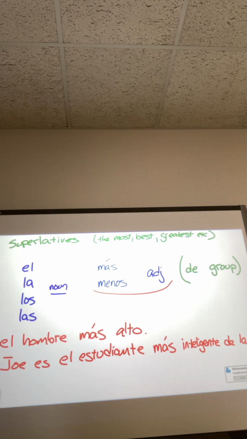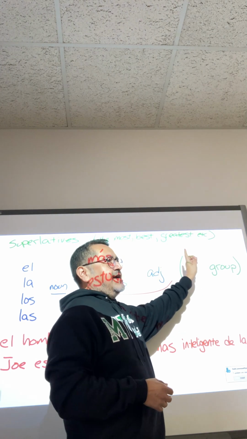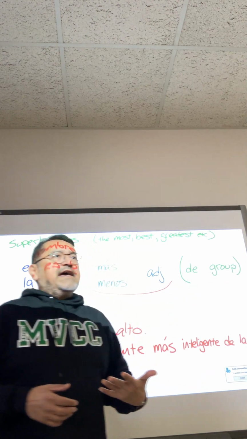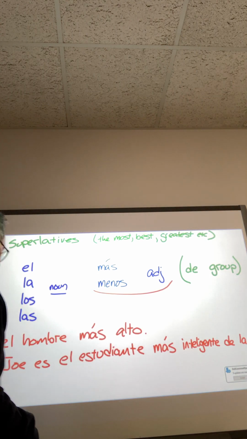Now, you can either just make a simple superlative statement, or if you want to compare it to a group, you would add de and then the group that you're comparing to. So, el hombre más alto del mundo.